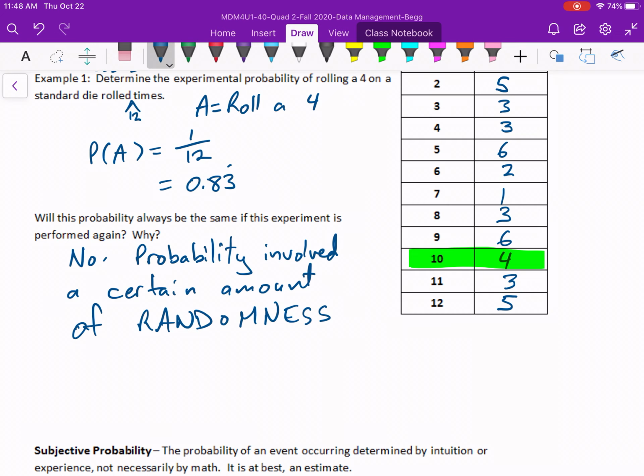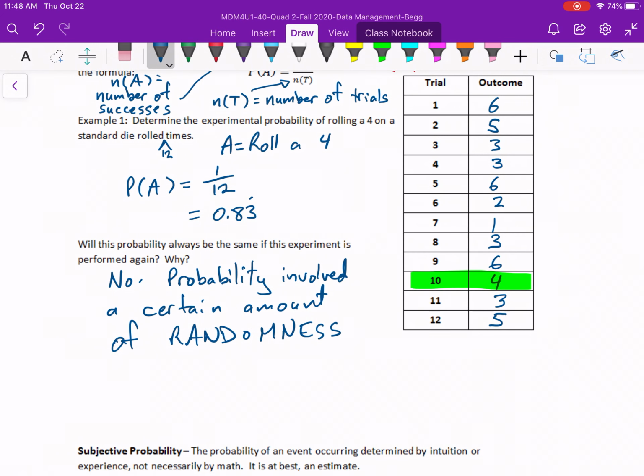So that's not to say that I can't predict what I think is likely to be the number of 4s that come up, but I certainly can never say I'm going to get exactly 1 four. I can't guarantee I'm going to get 2 or 3 or 0 or 12 or whatever. I can just think logically about things and predict it. But one of the ways that I can think logically about it is if we do this experiment over and over and then start to see what outcomes we get over repeated trials, that's one way of making predictions about the future. So that's experimental probability.